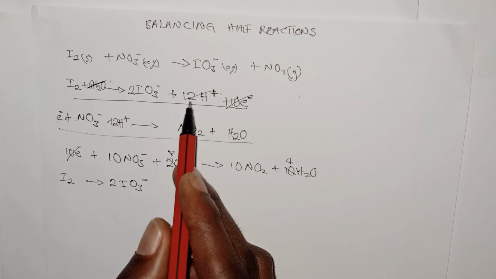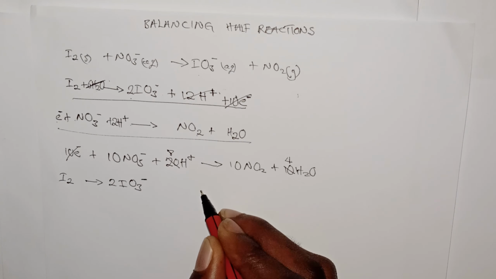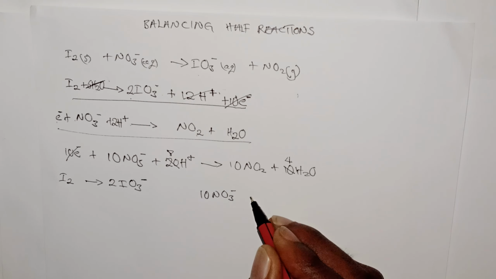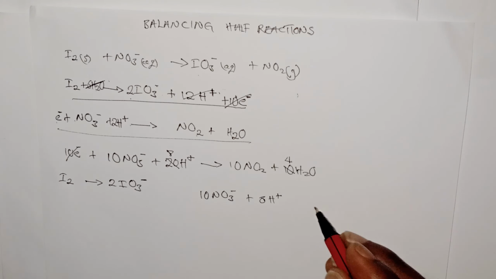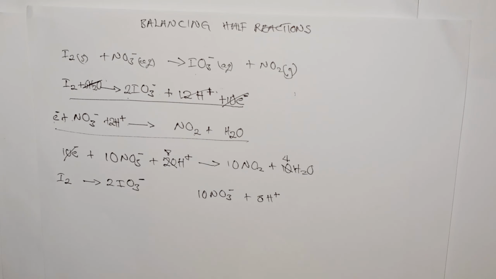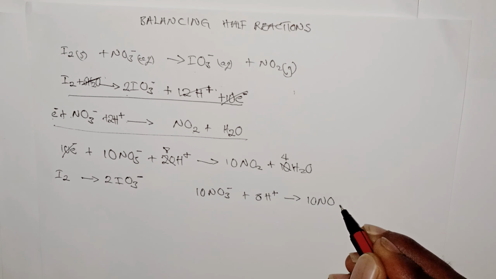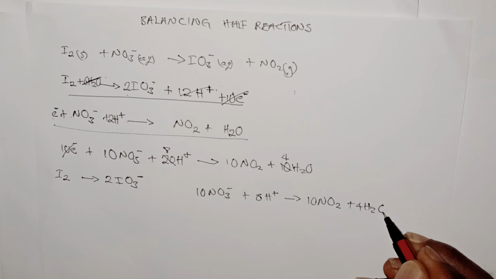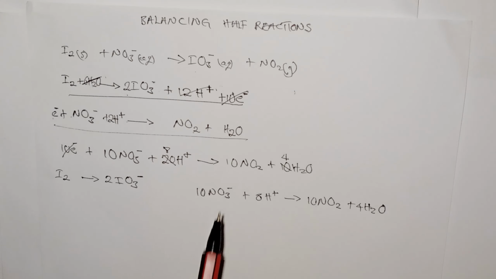This is the overall of this reaction, and the overall of this reaction is... you've seen? Yeah. So this is the overall of this reaction and the overall of this reaction when we cancelled.